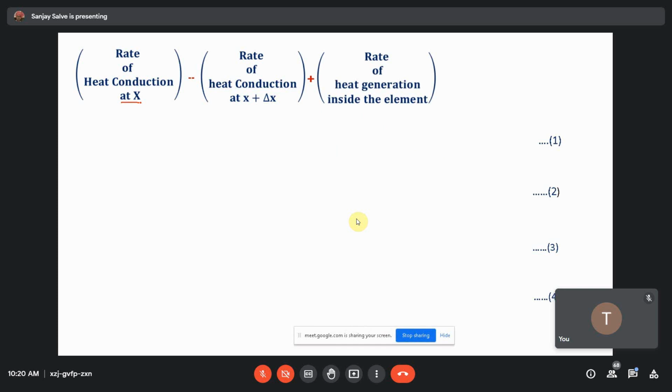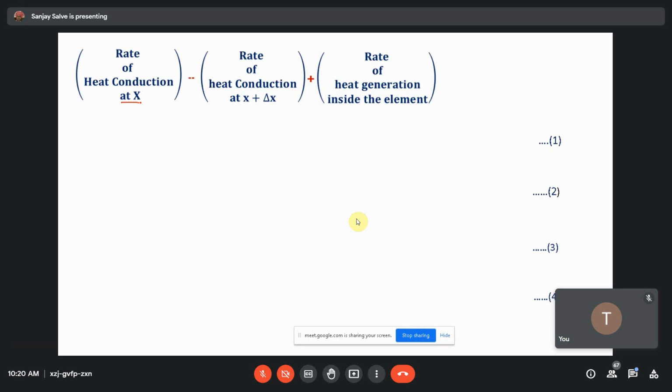It may be a nuclear reactor, it may be a wire which is insulated. When current is flowing through an electric wire, heat is generated, because we know that Q is equal to I square R. As the current I is more, with resistance, more heat is generated within the wire.